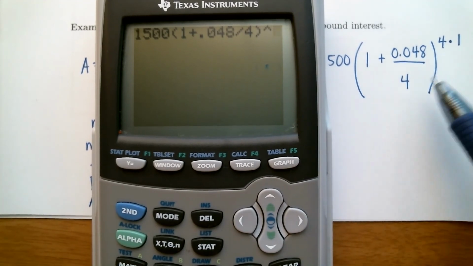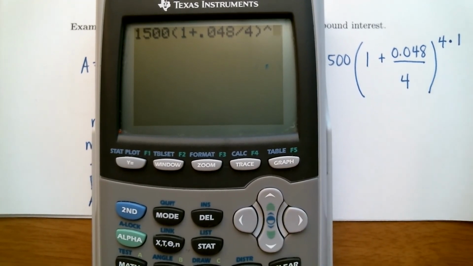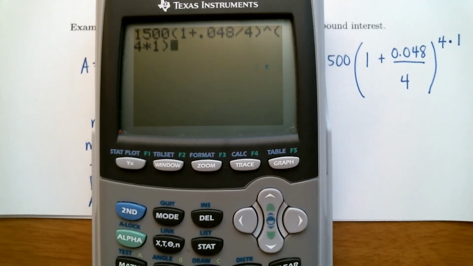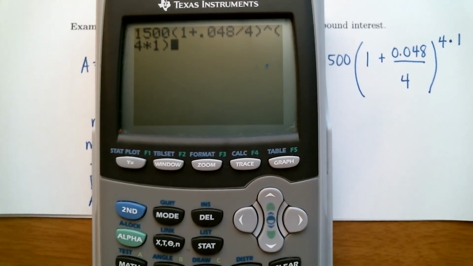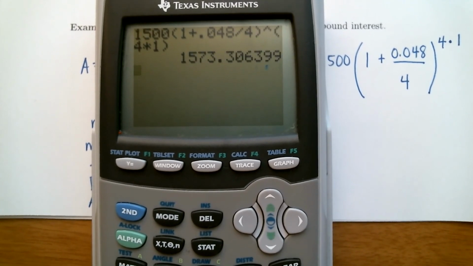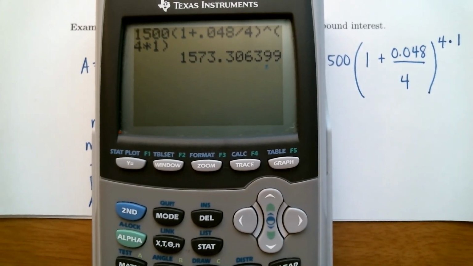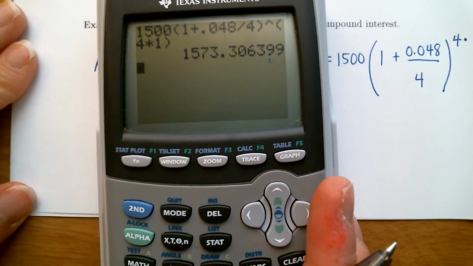Now the exponent you can do in your head. You know it's going to be 4, because 4 times 1 is 4. But I want you to get in practice, because a lot of the times the exponent won't be simple and you won't be able to do it in your head. So get in the habit of putting your exponent in parentheses, especially if you have an older calculator. If you don't, it's not going to come out correctly. So this is how you should enter it in, and notice what you get. Again, you're going to want to round your answer to the nearest cent, dollars and cents.